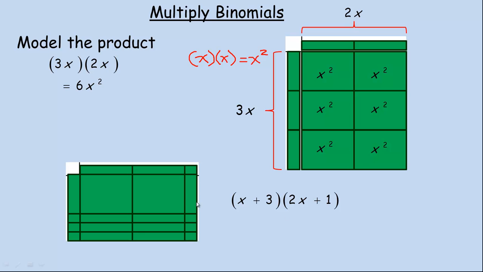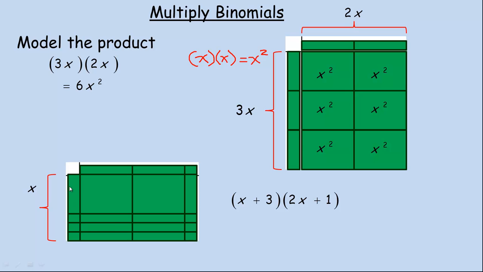Now we can also use these rectangles, which are called algebra tiles when you physically have them, to model something like multiplying 2 binomials. We're going to multiply x plus 3 by 2x plus 1. On the left here, this is x, and each of these tiny squares is supposed to be a 1 by 1 square, so they have an area of 1, or each dimension is 1.